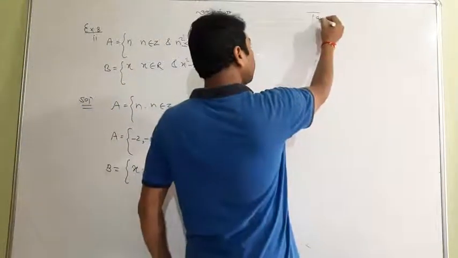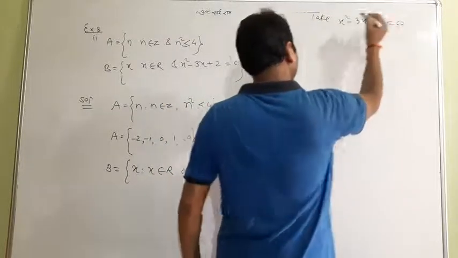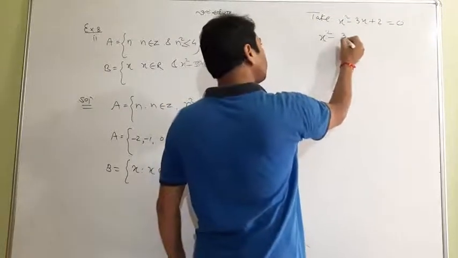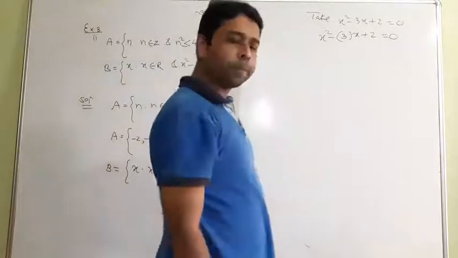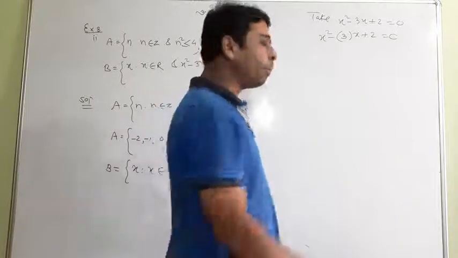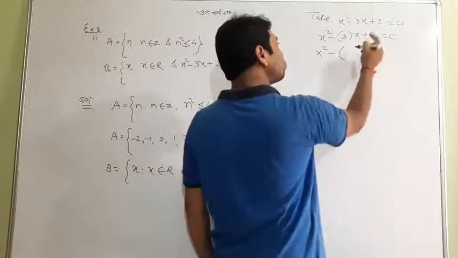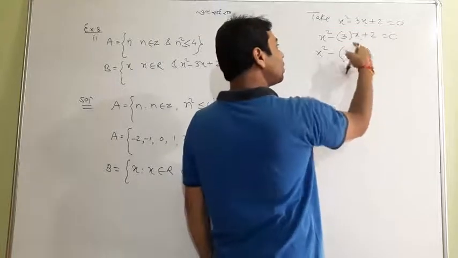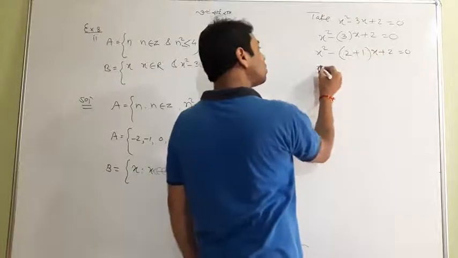Take x square minus 3x plus 2. I don't want to do the tough thing because you know it very well. This is a quadratic equation, and by middle term splitting or the formula method, you remember we split 3 into 2 parts such that the multiplication is 2 and the addition is 3. I don't think I have to repeat it, because you already read it in class 10th.